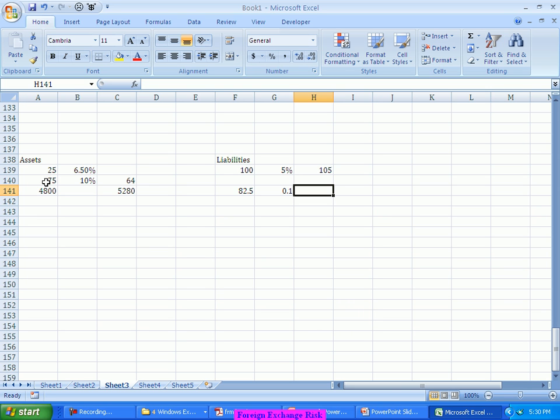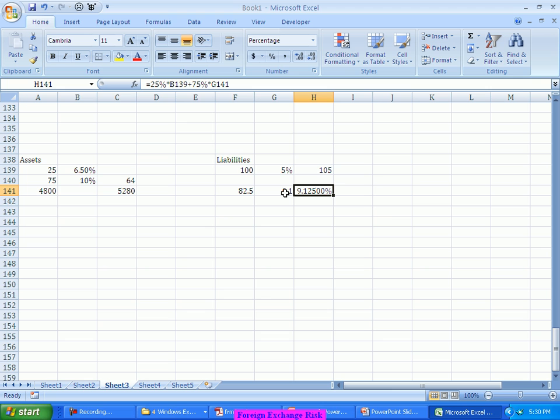So what is my overall benefit? 75% of my money fetched 10% return and 25% of my money fetched 6.5% return. So overall, I got 9.125%.